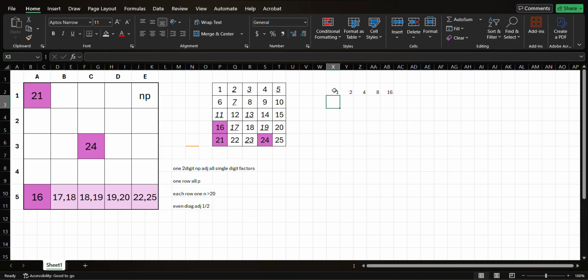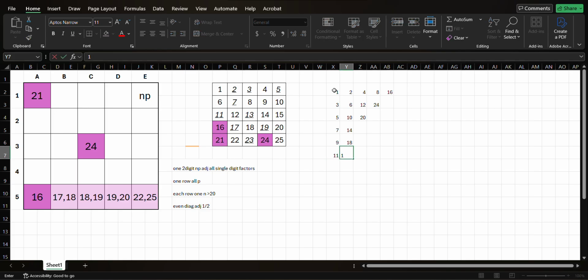Then 3 is adjacent to 6, which is adjacent to 12, which is adjacent to 24. 5 is adjacent to 10, which is adjacent to 20. 7 is adjacent to 14. 9 is adjacent to 18.